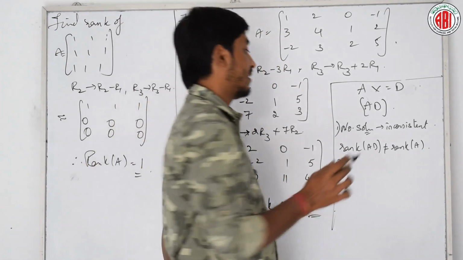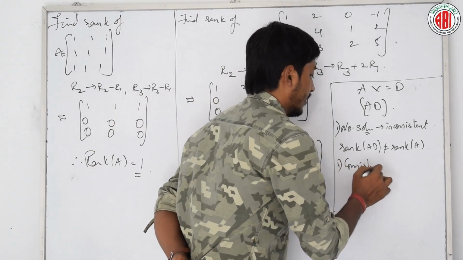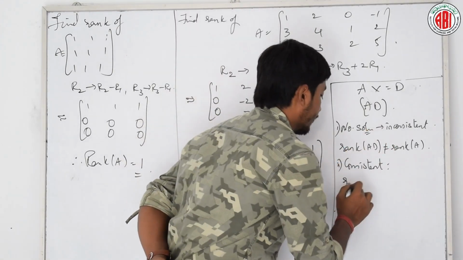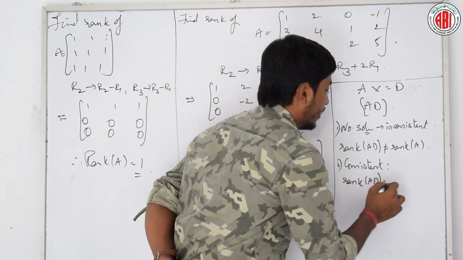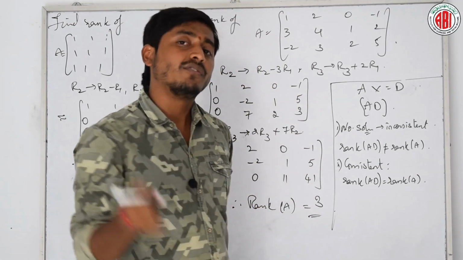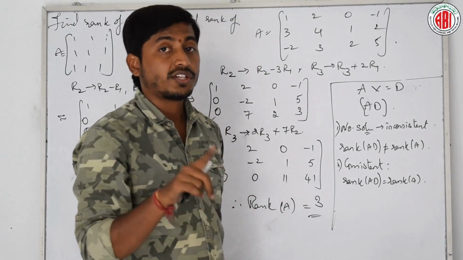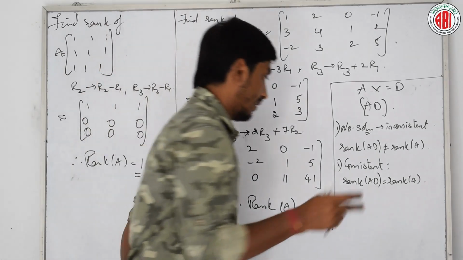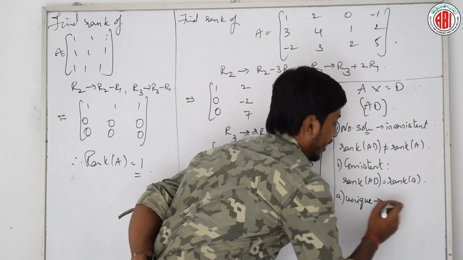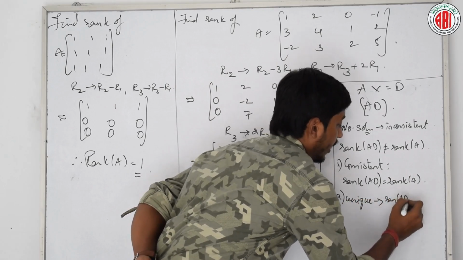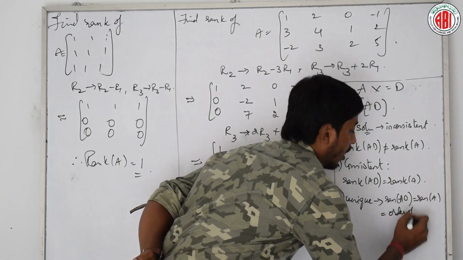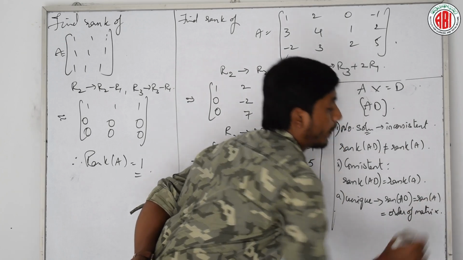And the second condition is consistency. When can it be consistent? When rank of AD is equal to rank of A. If it is consistent, we again have 2 conditions: unique solution or many solutions. If it is unique, that is only one solution, then rank of AD is equal to rank of A, which is equal to the order of the matrix.